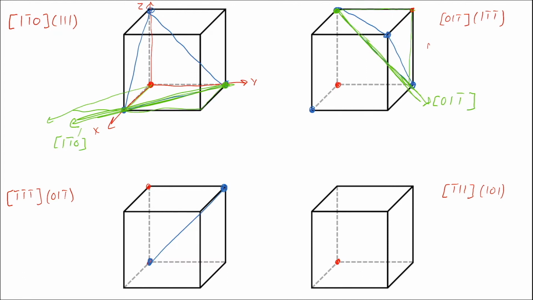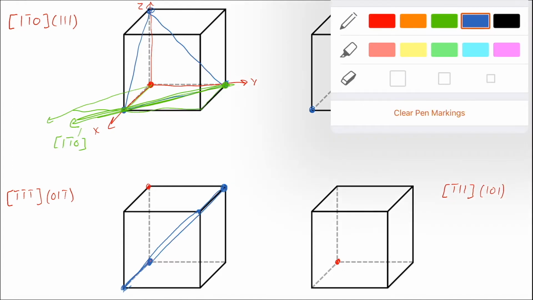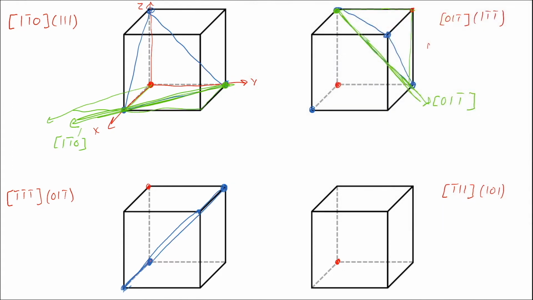And now this one is going to be really difficult to visualize. But basically we're just going to shift it in the x direction, and it's going to be crossing here and here. So now basically we're looking edge on for this plane. So you can't really see it very well, which is my bad for choosing this direction. So now the direction is 1, 1, 1, but all minus.